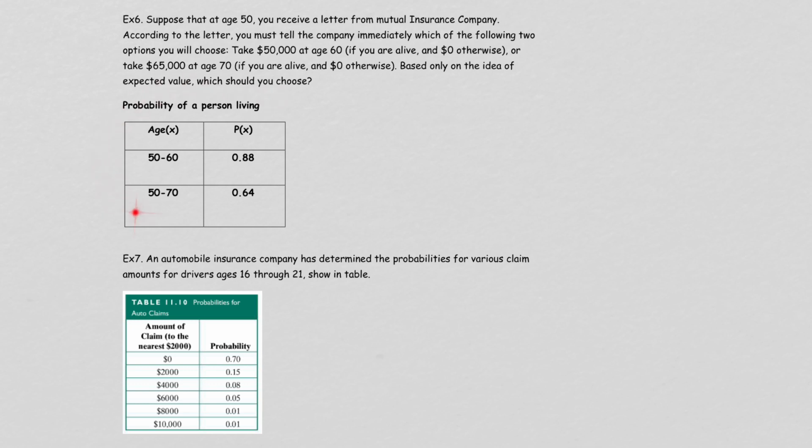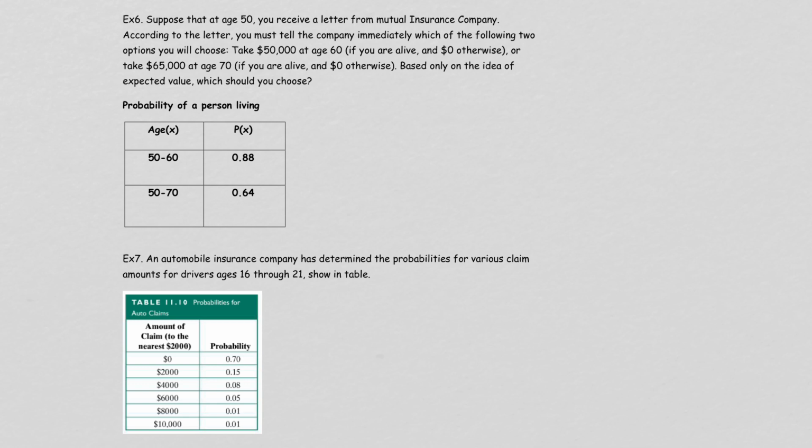Here the company already gave you a probability distribution for a person living. From age 50 to 60, the probability of living is 88%, which is 0.88. And people living from 50 to 70 is 64%, which is 0.64.